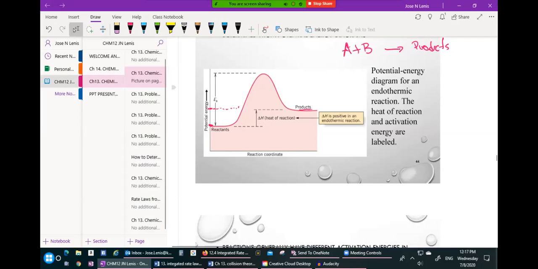So you can conclude from here that products have higher potential energy than reactants.